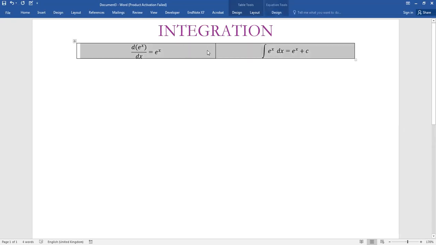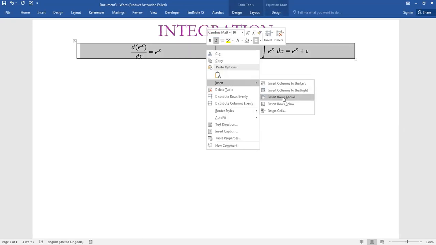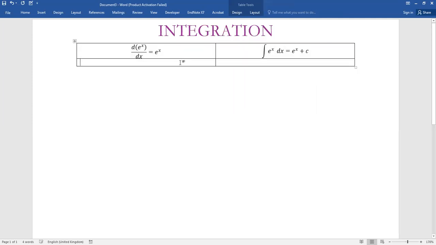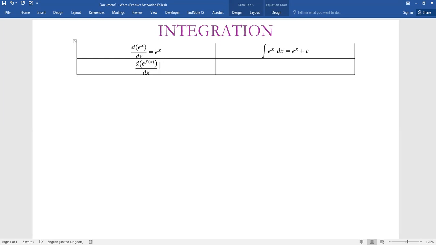So this was the easy part. What if I have e and there is a function in the power? I need to differentiate it with respect to x. We have understood it using the chain rule that the power remains as it is and the entire thing multiplies by the derivative of the function, right?